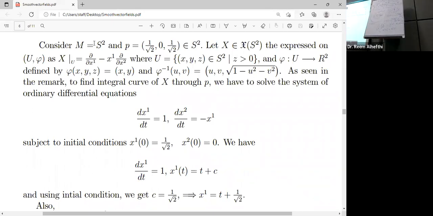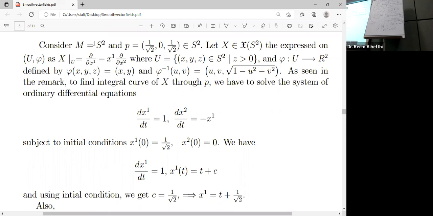I'm taking the manifold to be S2, at this point on S2, and I'm taking a vector field which, with respect to this chart, is this, where U is this coordinate neighborhood, the upper half hemisphere, and the chart map is given by this.